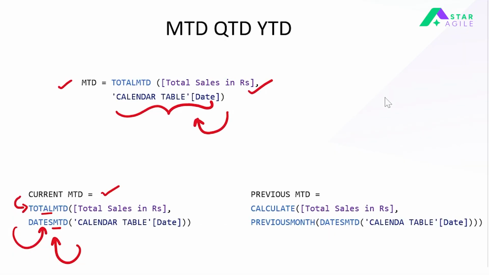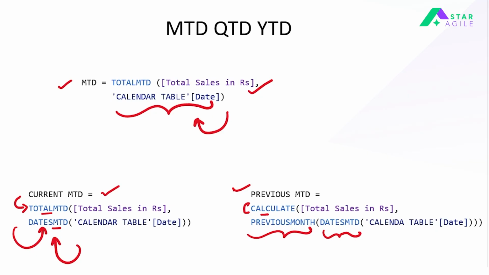In order to get the previous MTD, you will be using the CALCULATE function. And you will be using a function called PREVIOUSMONTH, in which you will be combining it with DATESMTD. You can just have these syntaxes written in one place. I know it's very difficult to actually remember these, but the whole point is that something like this exists, and you can always do your research and have all these measures saved in one place.